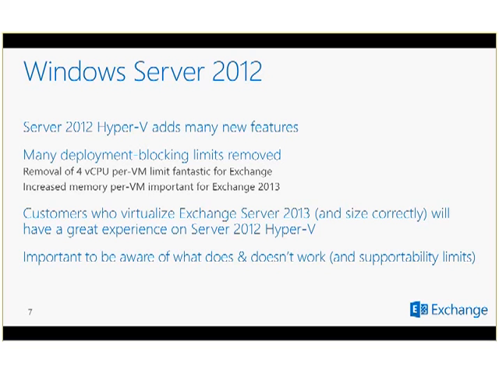Prior to Server 2012, Hyper-V had a limit of 4 virtual CPUs per virtual machine, and that caused a number of challenges for Exchange deployment. Certainly, deployment of any sort of Exchange configuration at scale, because typically Exchange servers at scale have far more than 8 CPUs available to them.